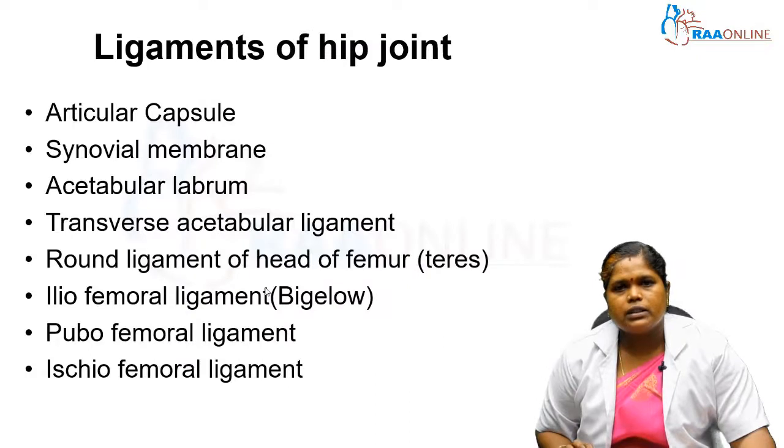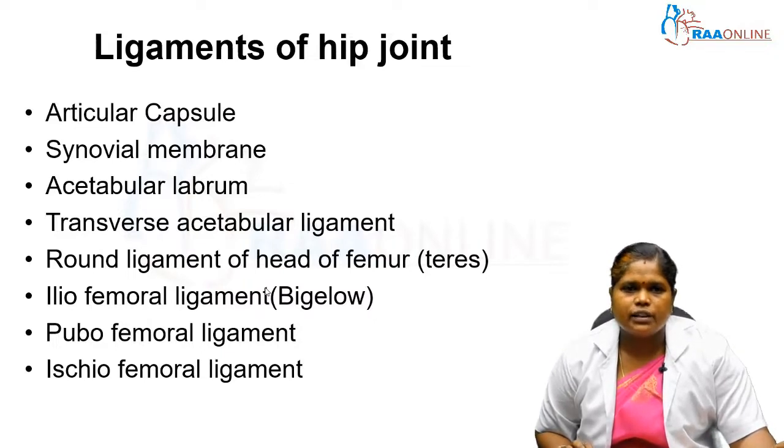Coming to the ligaments, for any joint the first ligament is the articular capsule, and this capsule is lined internally by synovial membrane. The articular capsule and synovial membrane are common for any synovial joint.